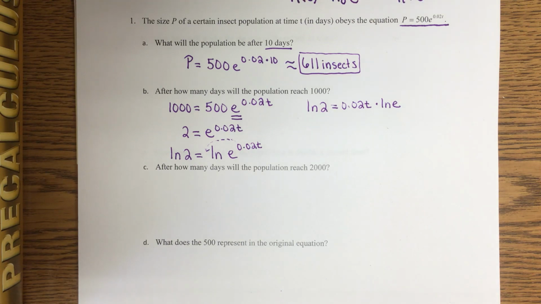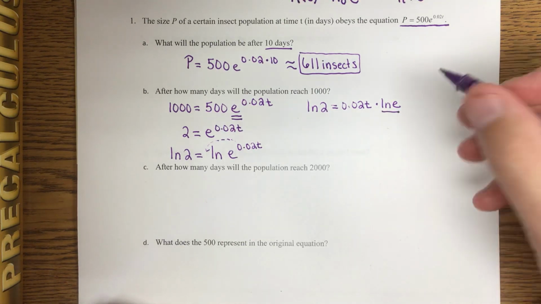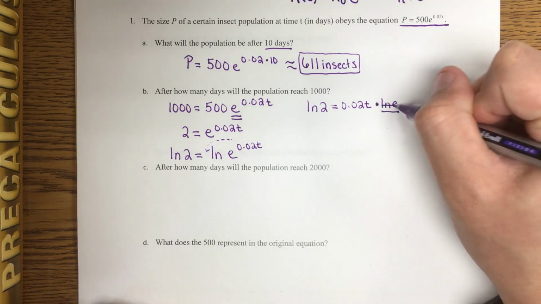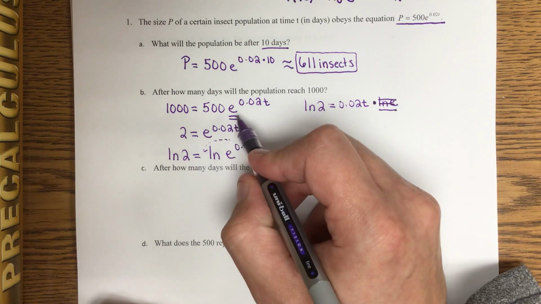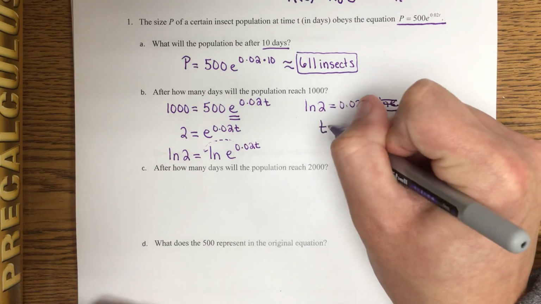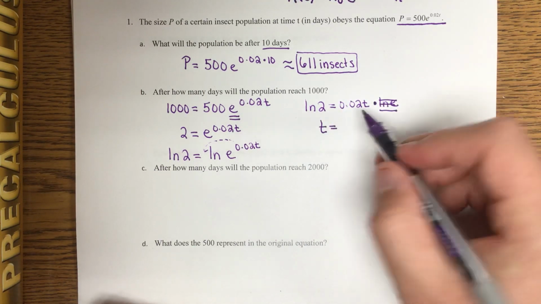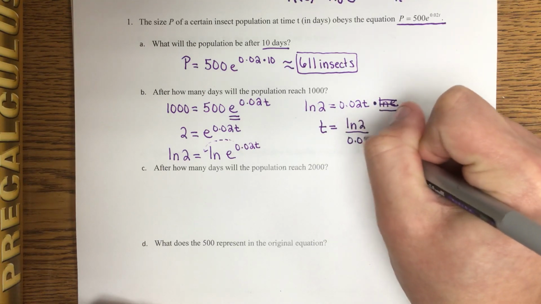So a couple things happen here. First off, we know that the natural log of e is just 1. Anything times 1 doesn't change, so that drops out. And that's the really nice part when the base is e and we use the natural log. But the other thing is I'm going to divide by 0.02 to get t by itself. So here it is.